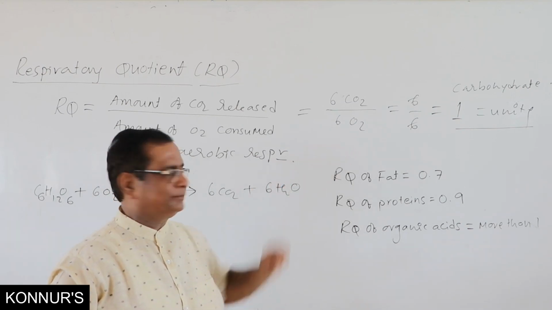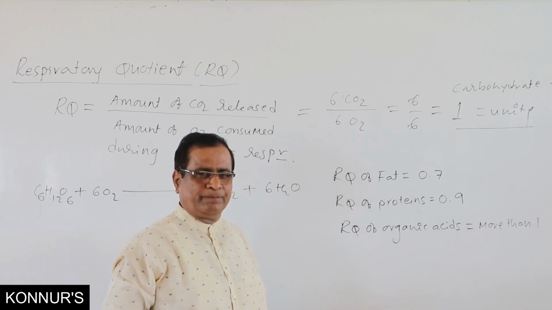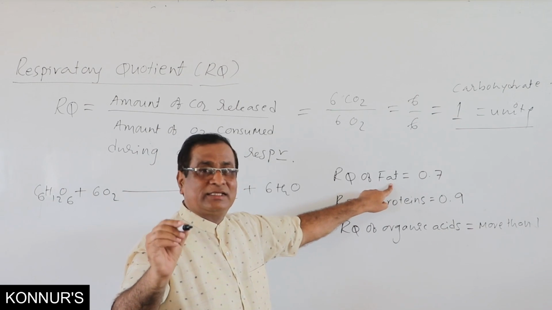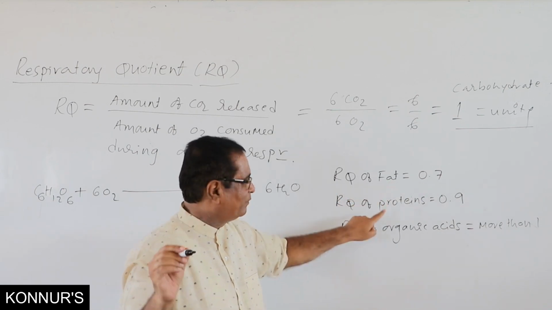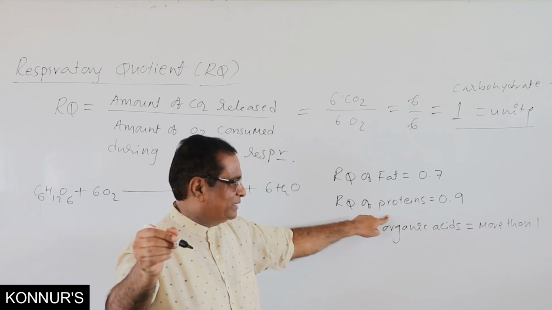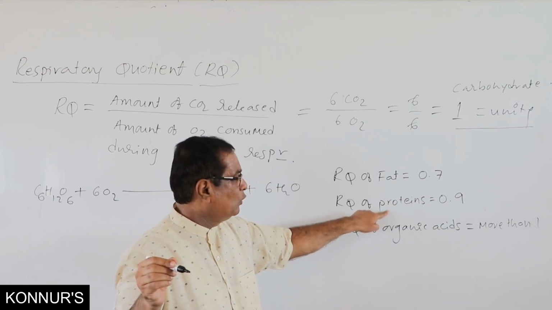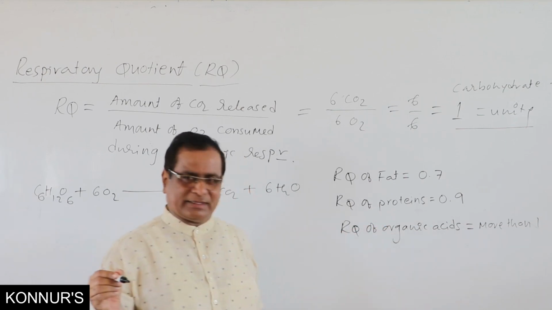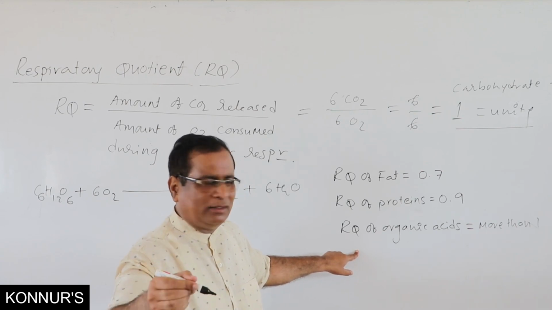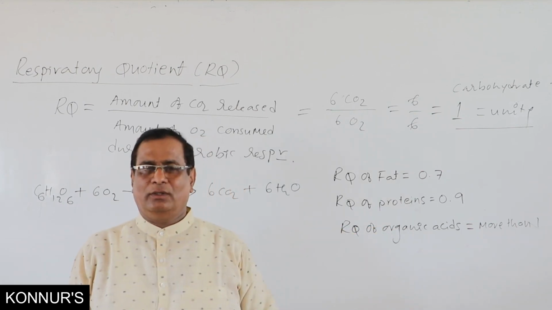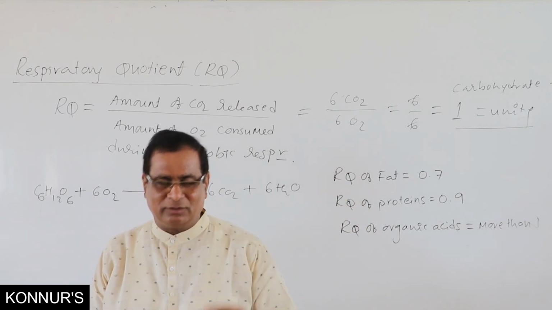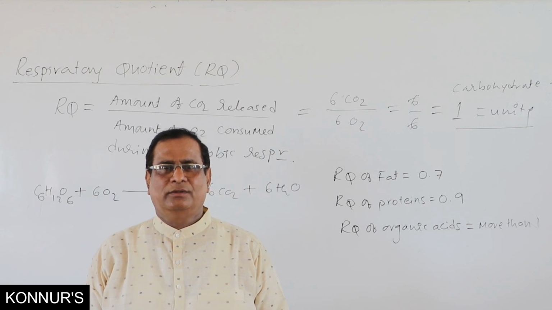Here it is equal. For fat and proteins, the amount of CO2 released is lesser than O2 consumed. For organic acids, the amount of CO2 released is more than the O2 consumed. That's all. Instead of asking direct values, they can ask like this also. Okay? That's about respiration.